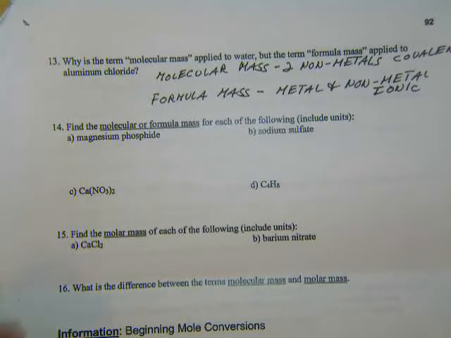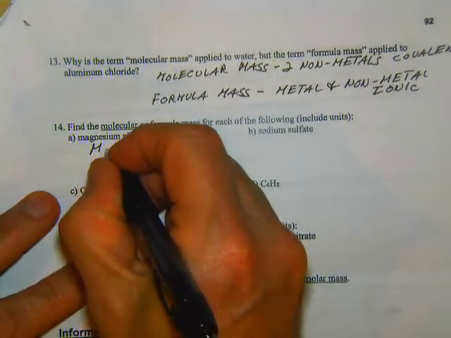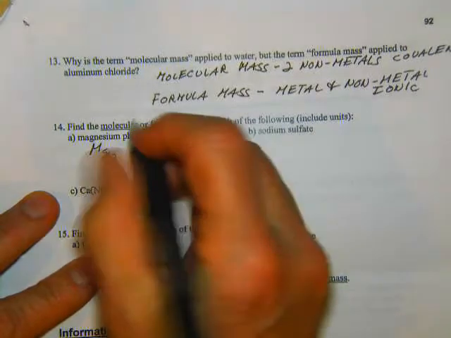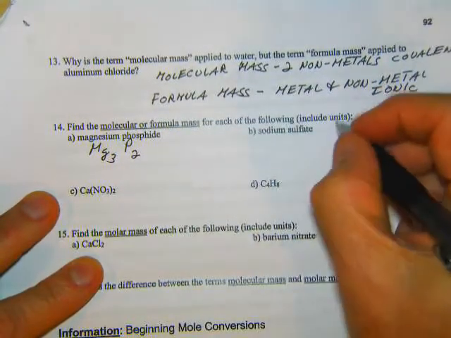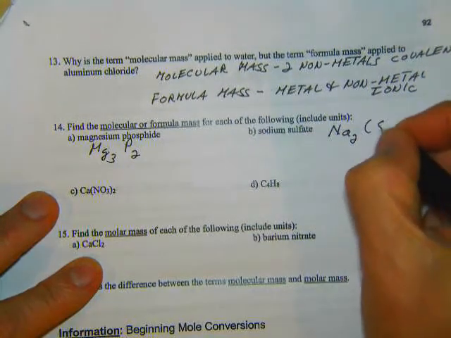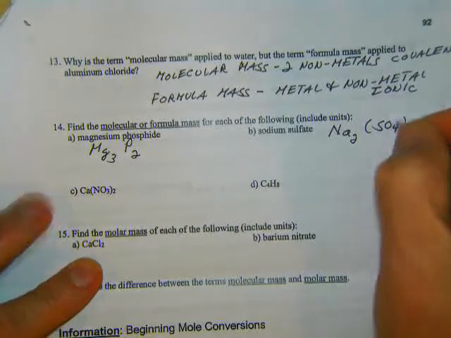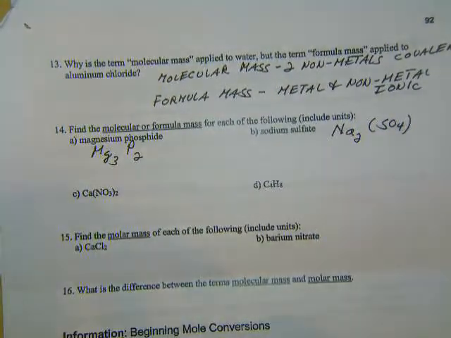But let's look at magnesium phosphide. If you just Google that, it's Mg3P2. Sodium sulfate is Na2SO4. And you got calcium nitrate here. And let's see the last one here. Oh, we've got C4H8.